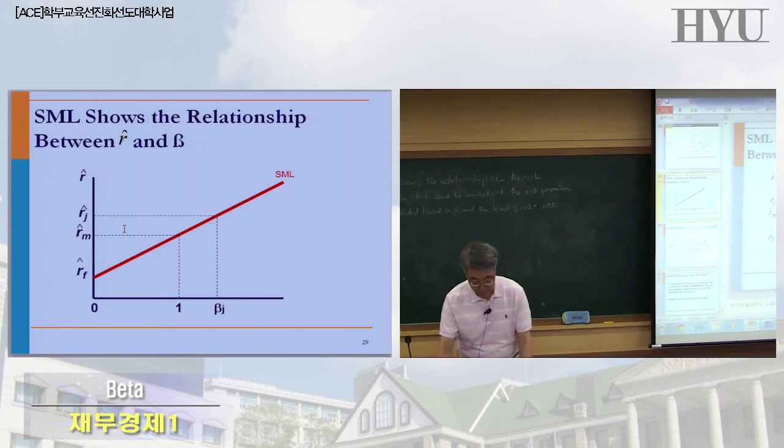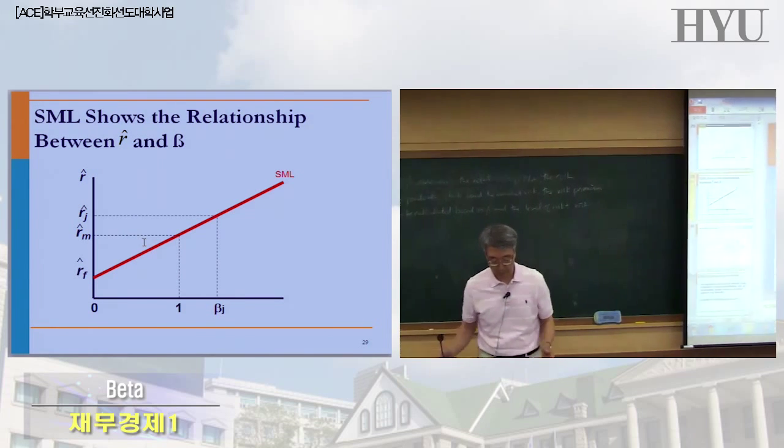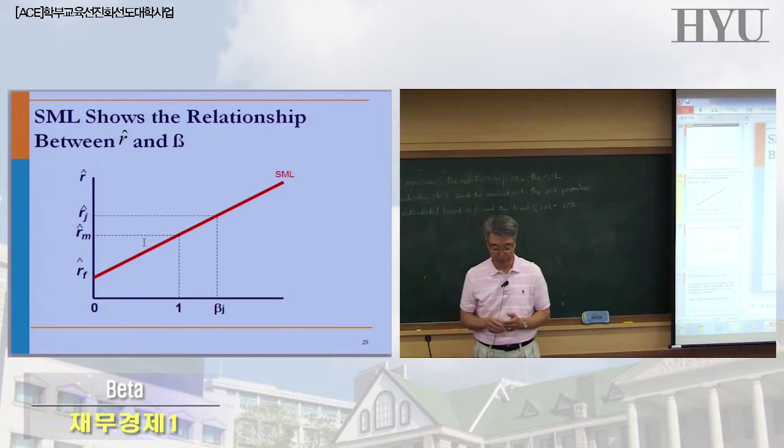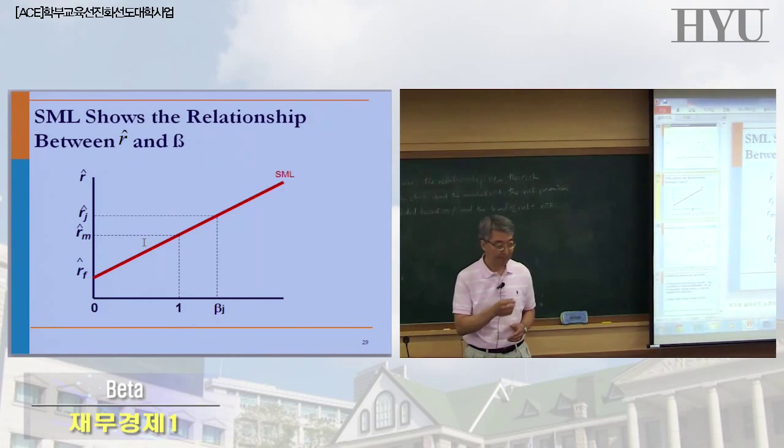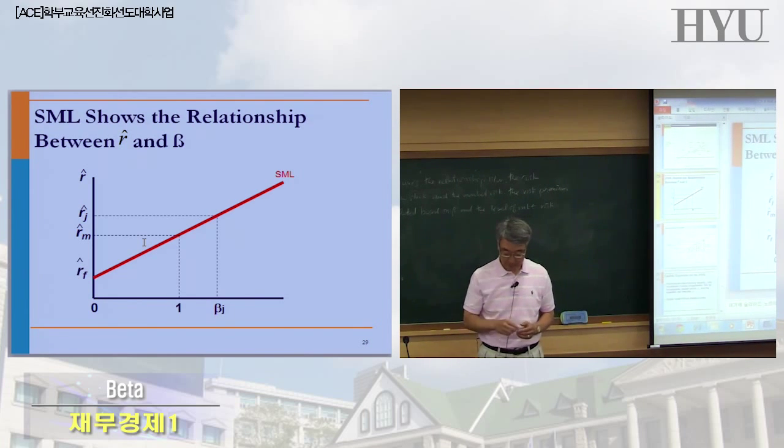One thing you have to understand: can you find the slope of this red line, the security market line? What's the slope from this graph? RM minus RF, right? Why?